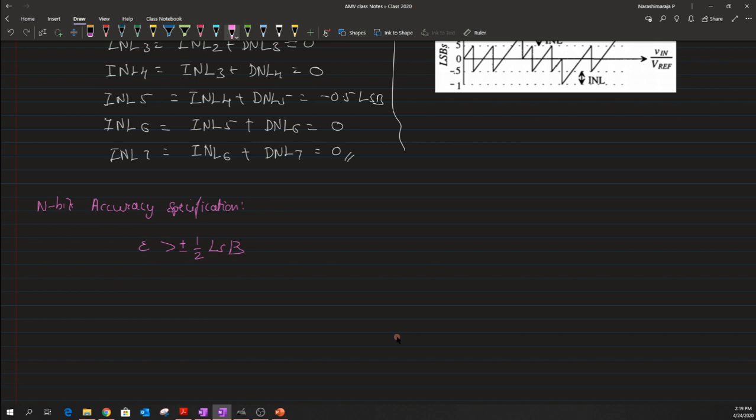Okay, so what I really mean is that, say for example, I have picked an n-bit data converter. Okay, and if this n-bit data converter has an error with respect to DNL or whatever it is, and if that error is above 0.5 LSB, okay, plus or minus, then the resolution of that data converter is basically not n-bit, but rather it is termed as n minus 1 bit resolution.